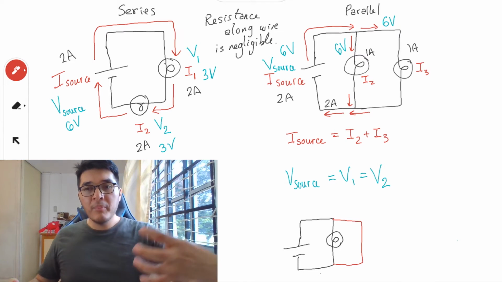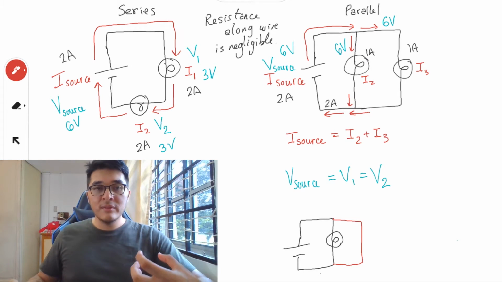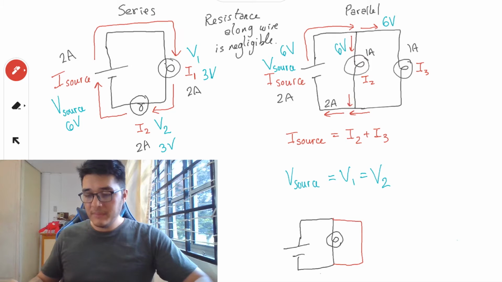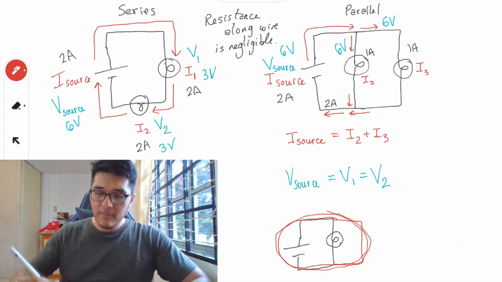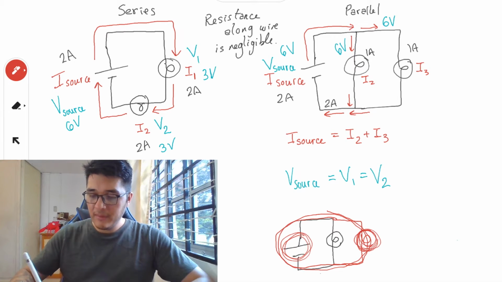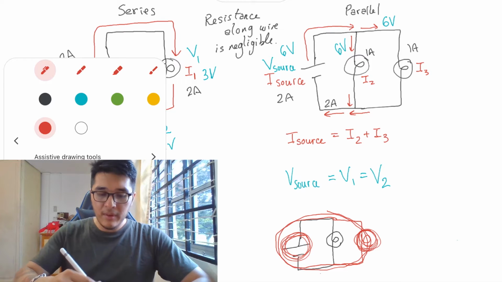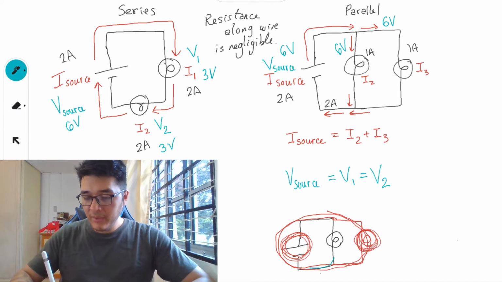So when you create a parallel circuit, you could think of it as 2 series circuits. One in red, and in that one, you only have 1 light bulb and 1 battery. And then you could think of another path as the blue one.